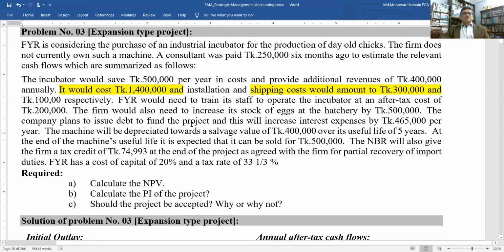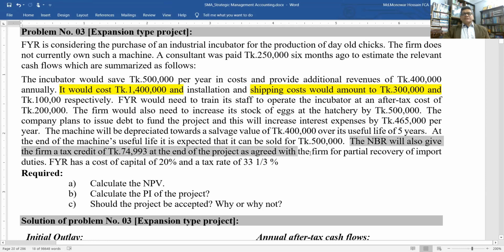The company plans to issue debt to fund the project, and this will increase interest expenses 4,65,000 per year. The machine will be depreciated towards salvage value 4 lakh, and depreciation life is 5 years. At the end of the machine's useful life it is expected to be sold for 5 lakh. Then NBR will also give the firm a tax credit of 74,993.